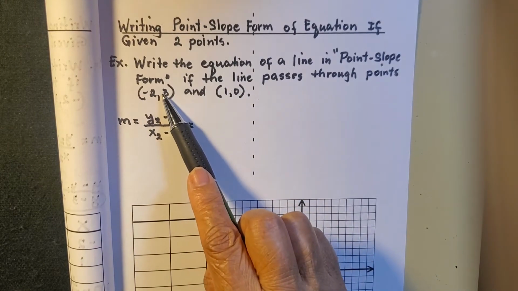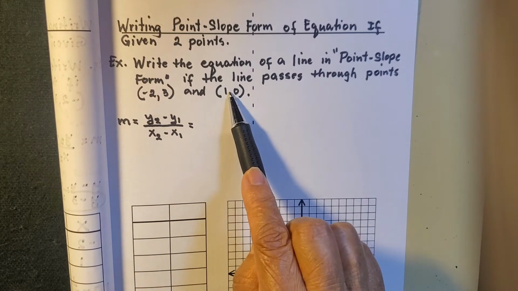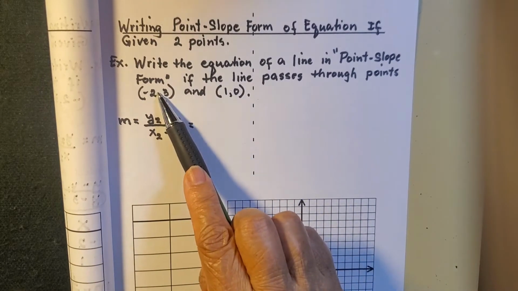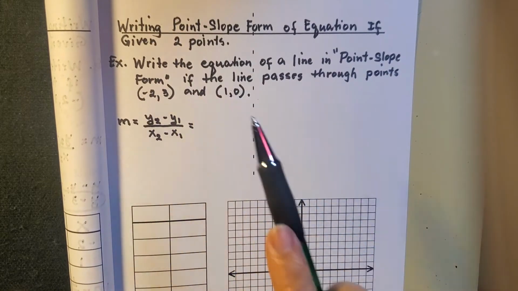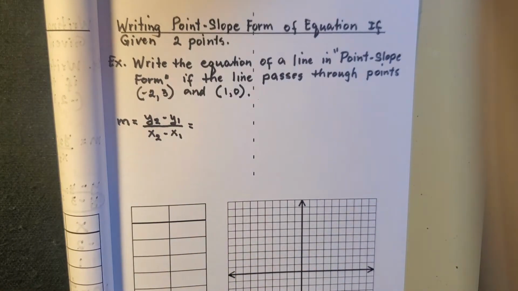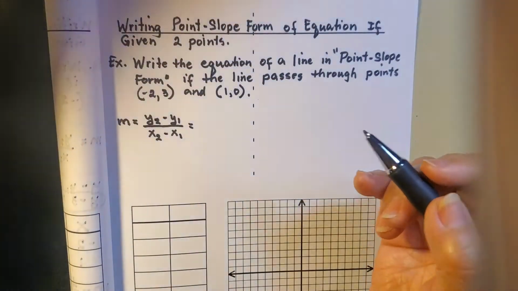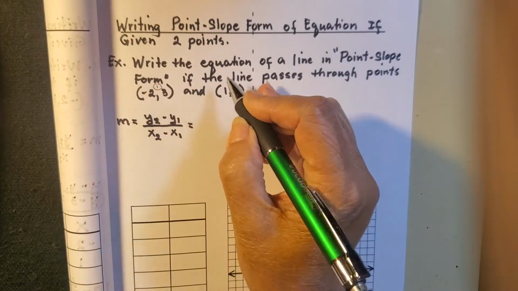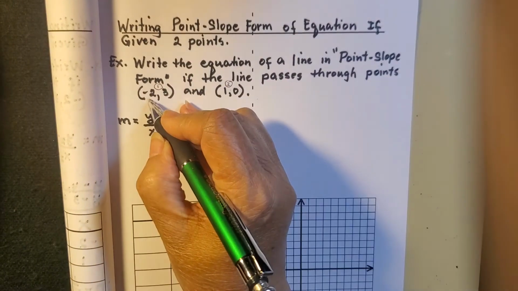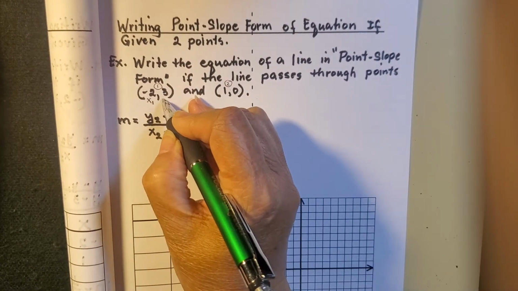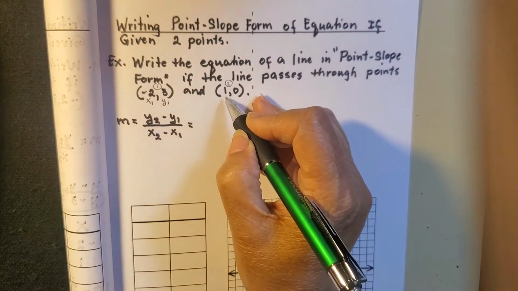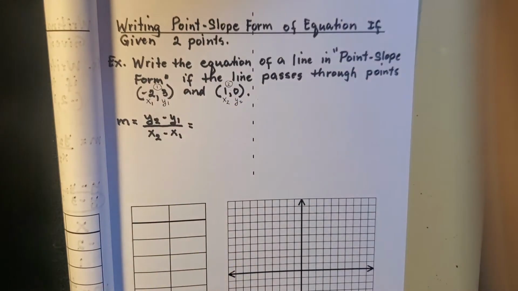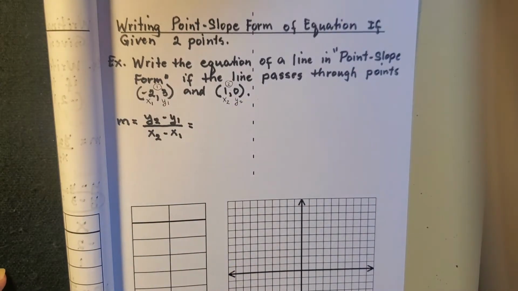We can say this is the first point, this is the second point, or the other way around. If we decide that this is your point number 1 and this is point number 2, so this is your x sub 1, y sub 1, x sub 2, y sub 2. That's how simple it is.